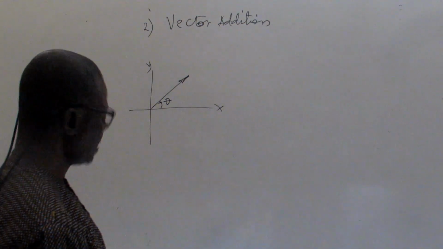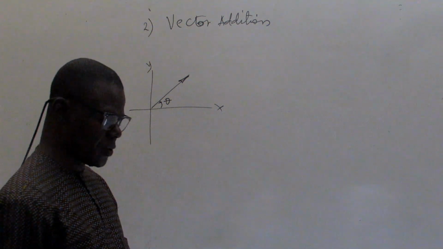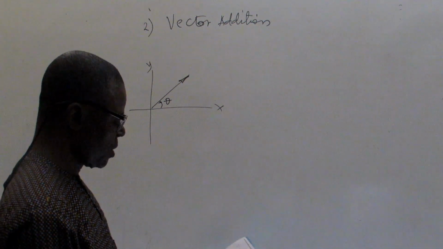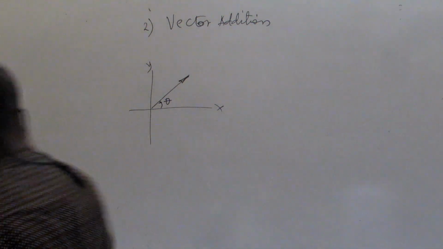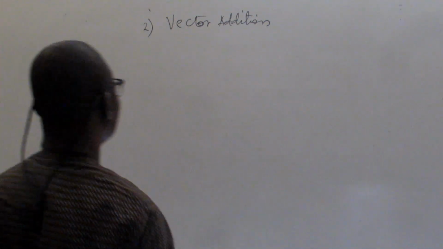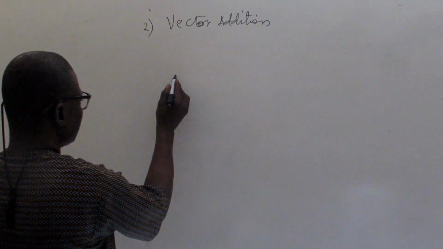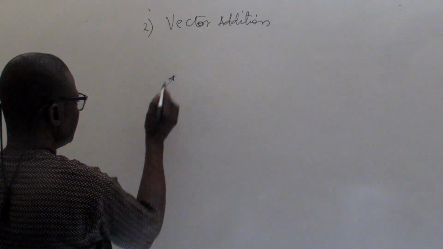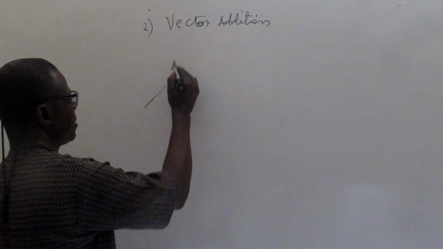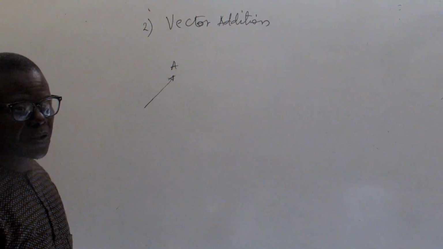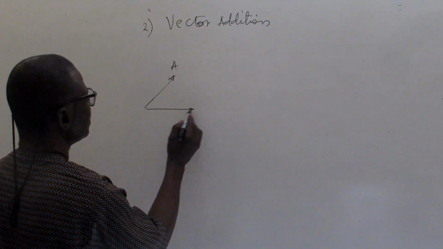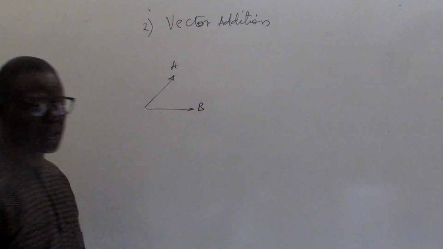And so, when we want to do vector addition as the second operation, we have two vectors. Vector A is acting this way, and then we have another vector, vector B, acting this way.